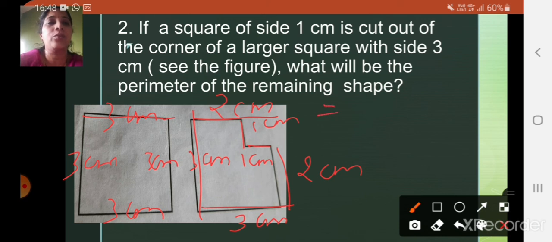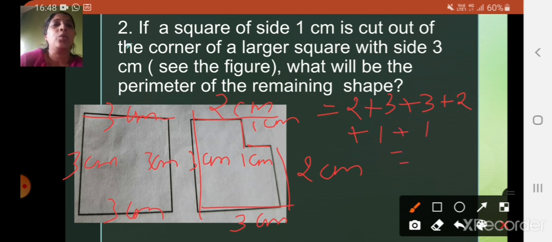So what will you do? 2 plus 3 plus 3 plus 2 plus 1 plus 1. So what answer you get? 2 plus 3 is 5. 5 plus 3 is 8. 8 plus 2 is 10. 10 plus 1 is 11 and 11 plus 1 is 12. So the perimeter of the remaining shape will be 12 centimeter.